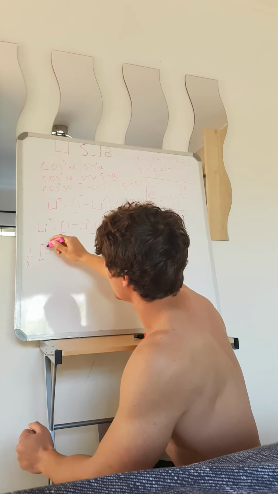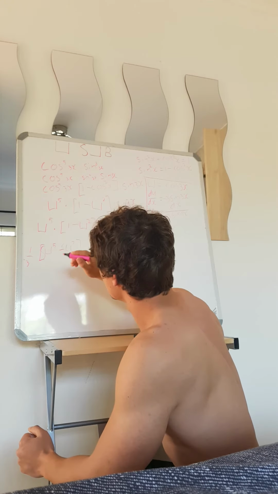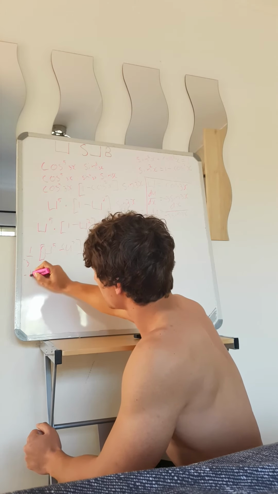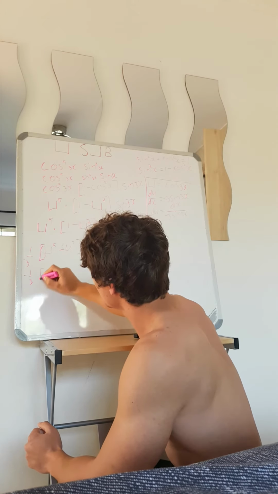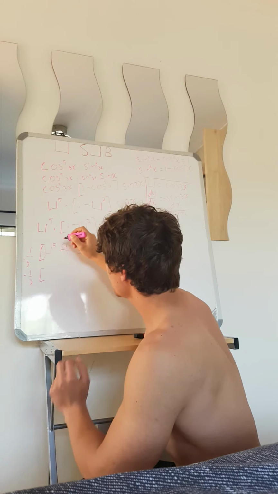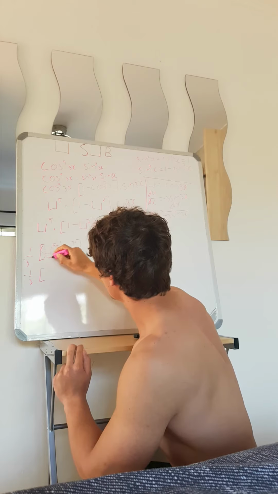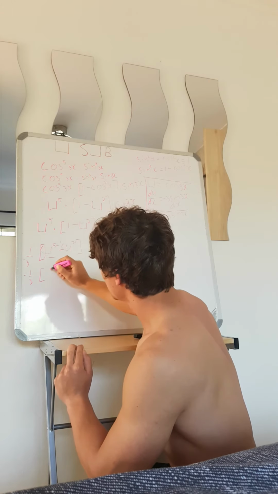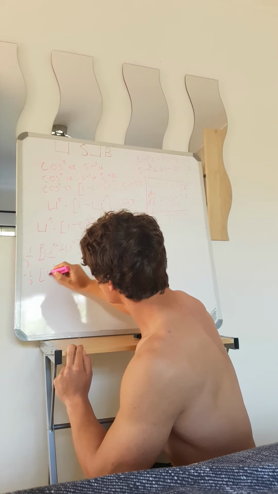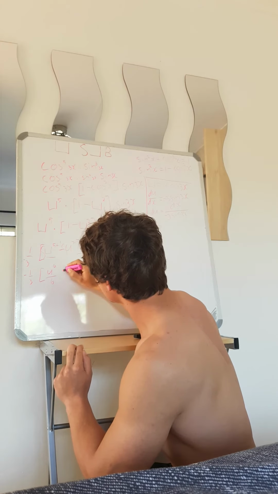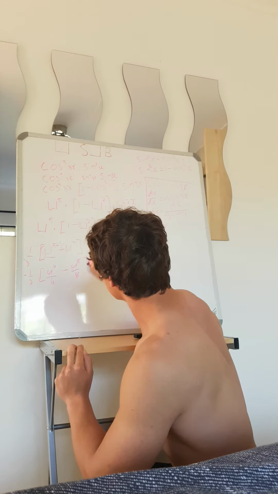Okay, now what we want to do now is integrate this. Let's leave the negative third outside. Integration rule says plus 1 over whatever is at the top. So this would be u^6 over 6 minus u^8 over 8.